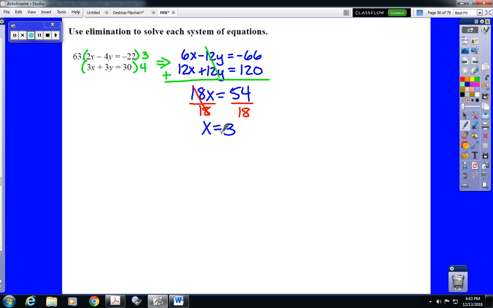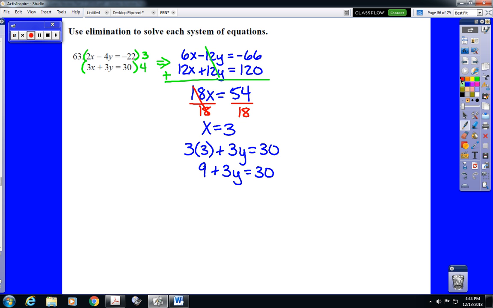Then I have to find out what y equals. So again, I'm going to take that x and I'm going to plug it in up here. It doesn't even matter which of these 4 equations we use, but I'm going to use this bottom one, 3x plus 3y equals 30. So 3x would be 3 times 3, plus 3y equals 30. That would be 9 plus 3y equals 30.